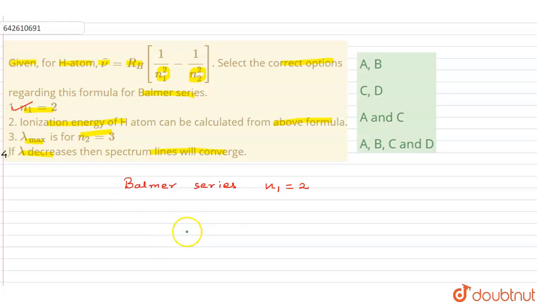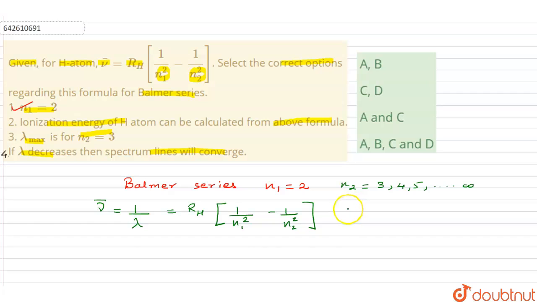Now, after that, we can say that obviously N2 would start from 3, 4, 5 and it will continue to infinity. So whenever we calculate nu bar, it's equal to 1 by lambda, which is equal to RH into 1 upon N1 square minus 1 upon N2 square.